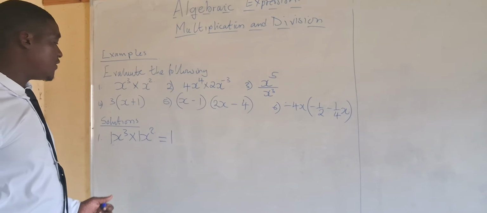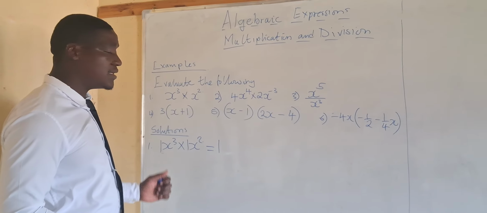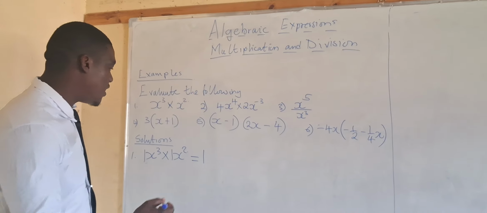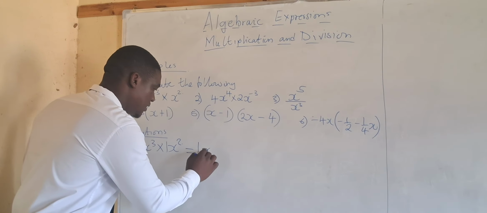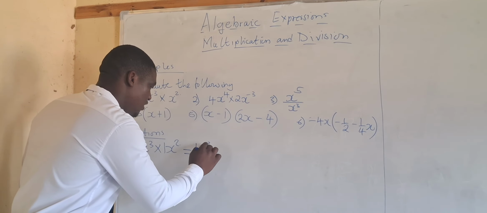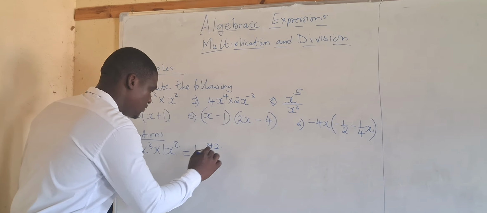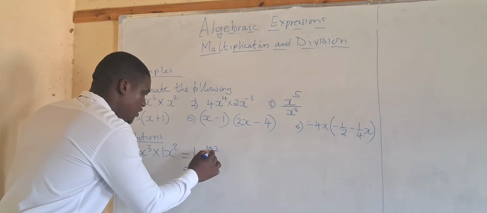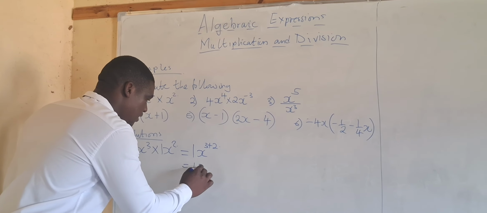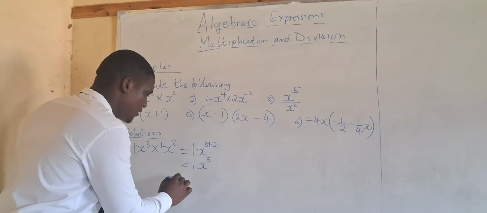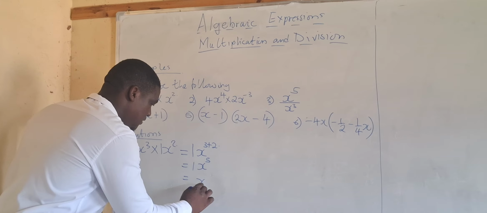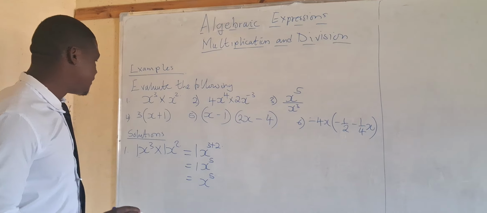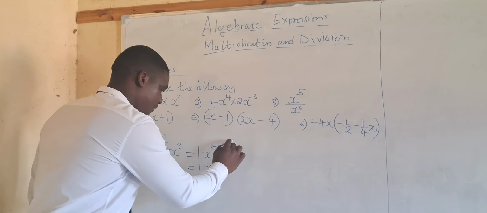So if the variables are the same, you just add the powers, which is x to the power 3 plus 2 from laws of indices. We are saying 3 plus 2, which is 5, with the final answer x to the power 5. That's our answer there.